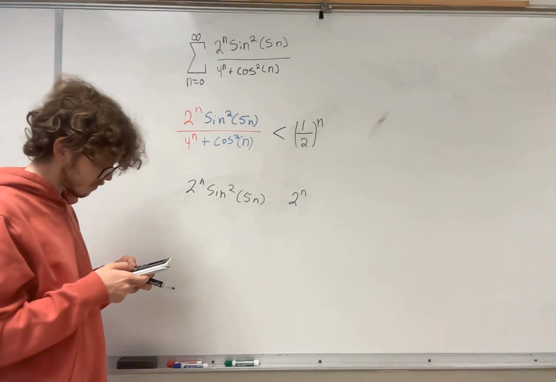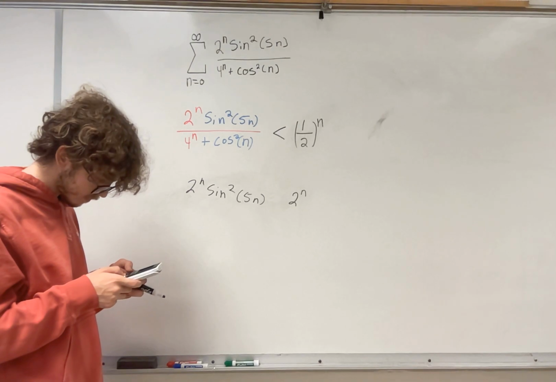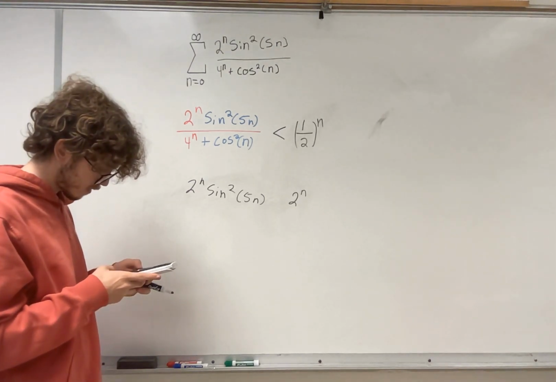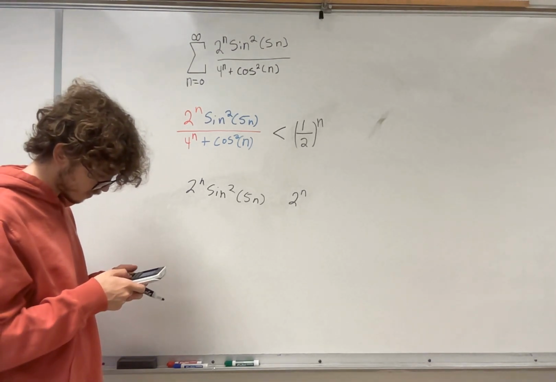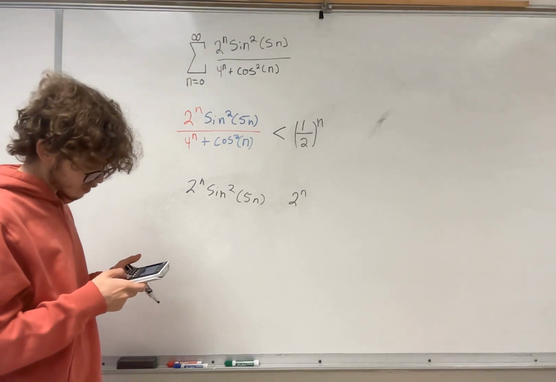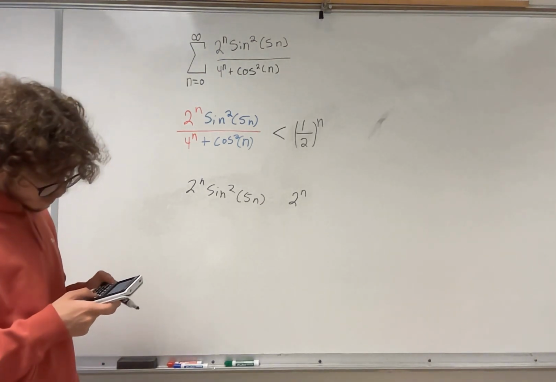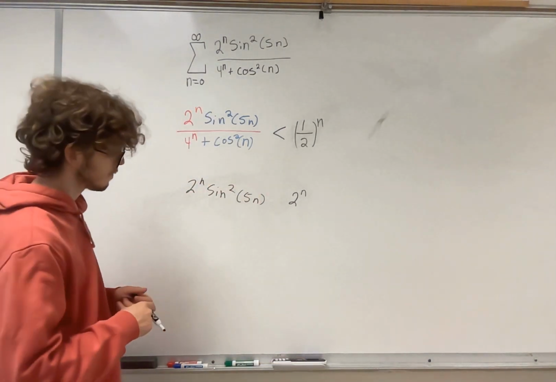So let's set something up here, shall we? Sine of 5x squared. Okay, so when we're plugging in values, it's going to oscillate between 0 and 1.